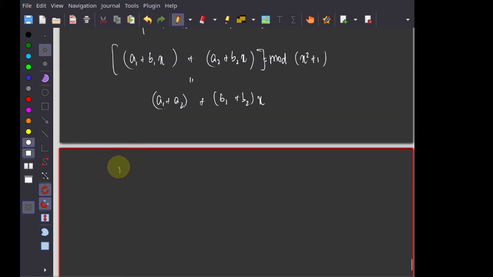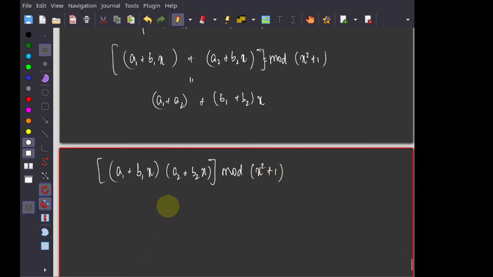So let us look at (a1 plus b1x) times (a2 plus b2x) mod x square plus 1.